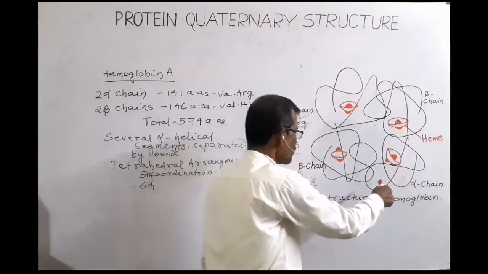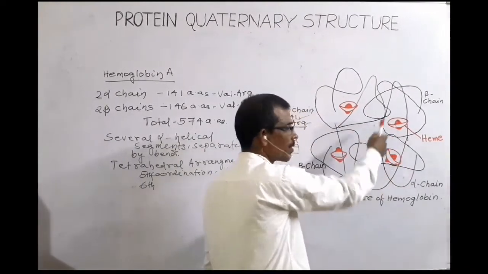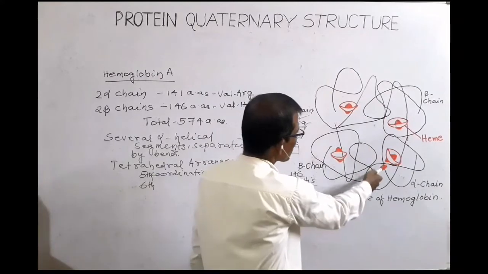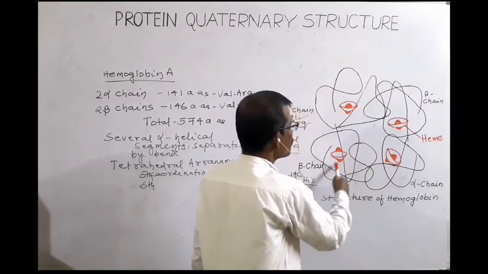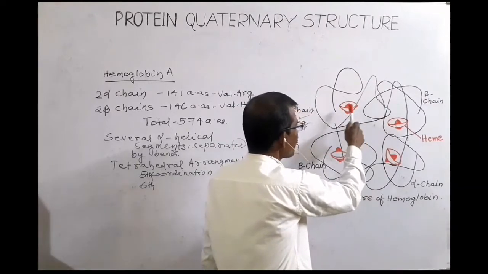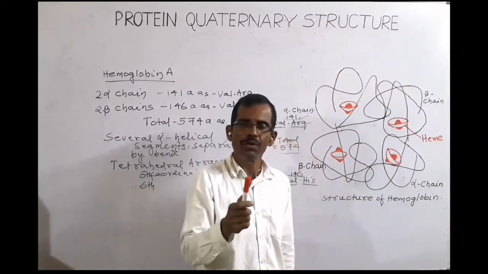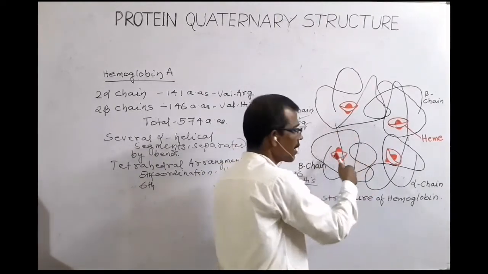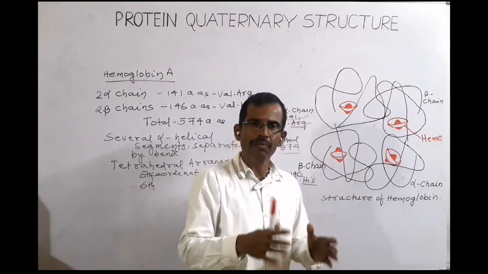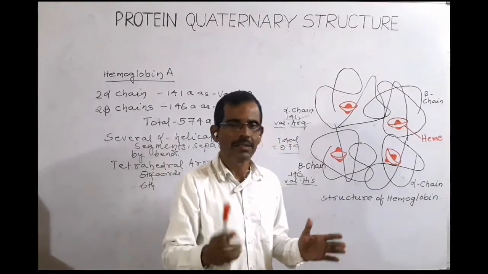This structure explains the quaternary structure of hemoglobin. In this quaternary structure, there are 2 alpha chains and 2 beta chains. Each alpha chain and each beta chain has its own tertiary structure. In alpha chain and beta chain, there are several alpha helical segments that are separated by bends.